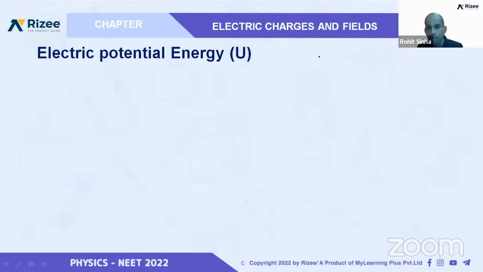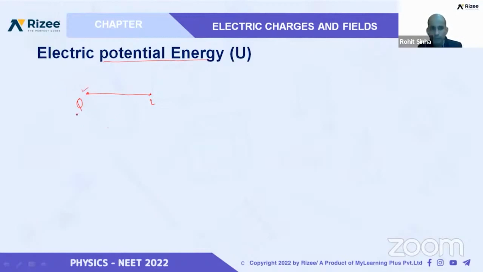Now here we are discussing what electric potential energy is. Though we are not concerned with the definition, in brief I am discussing it here. Suppose we know that the electric field has some region where it can show its effect, and that region is called the electric field of the source charge.